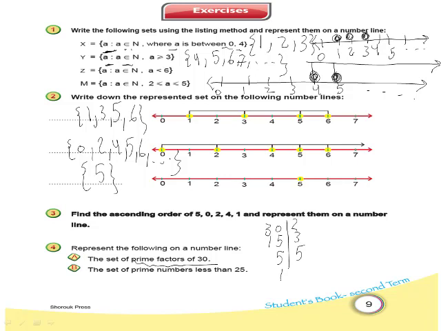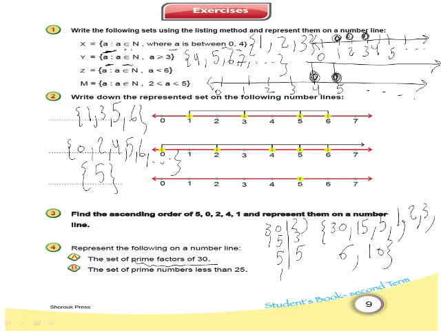These are the factors of the number 30. So the set of factors of 30 are 30, 15, 5, 1, 2, 3, and we multiply these to get 6 and 10. So these are the factors of the number 30, and we can represent it on the number line.